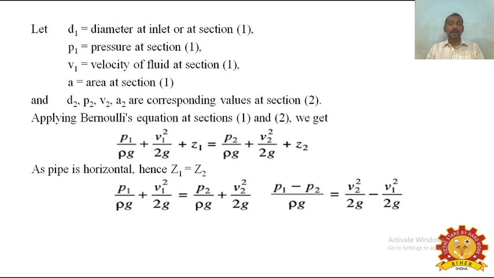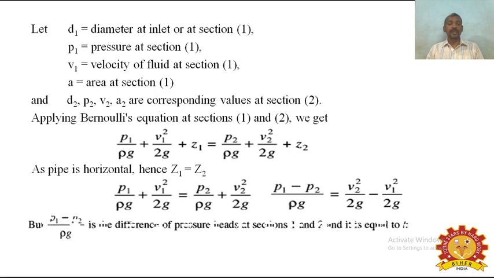We already know that the difference of pressure, P1 minus P2 divided by rho g, is considered as the pressure head H. Substituting for it, H equals V2 square divided by 2g minus V1 square divided by 2g.